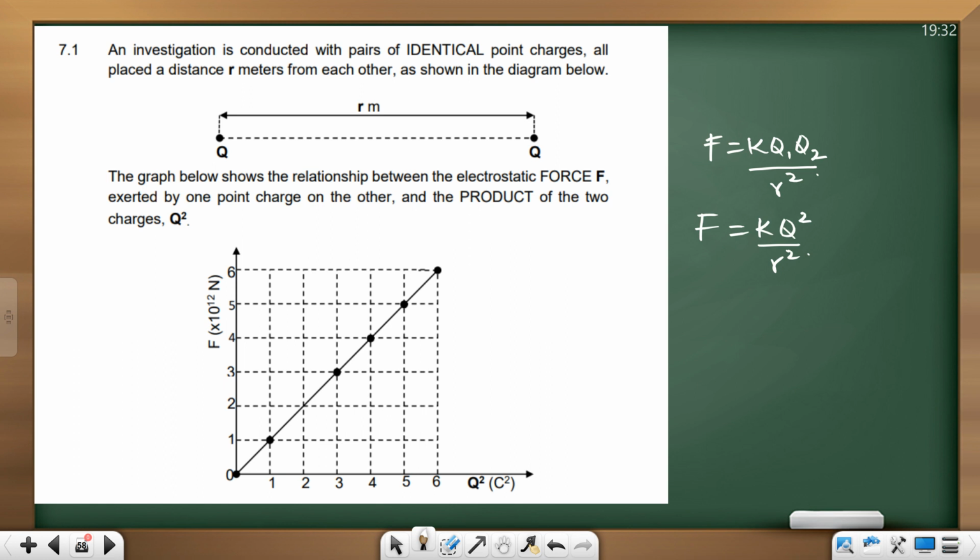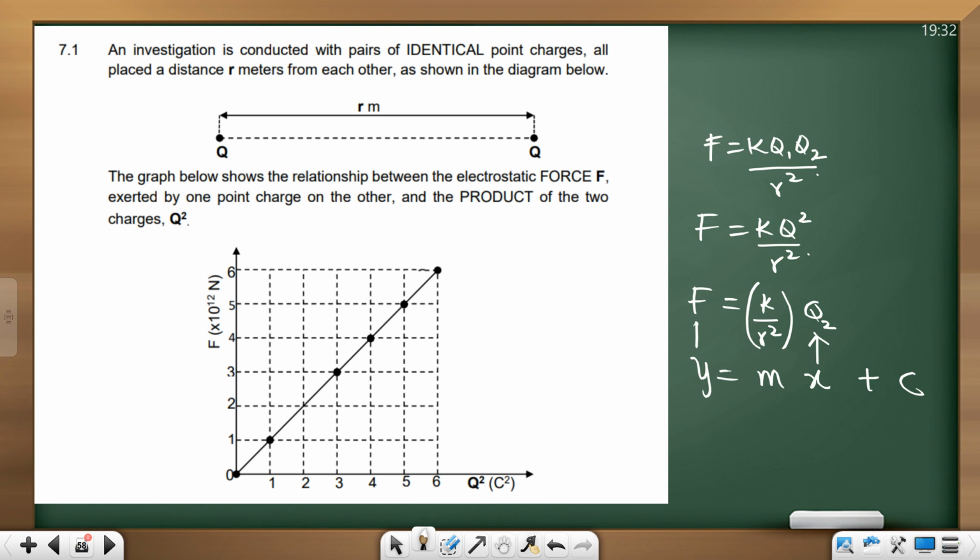Let's extract our X. What's our X? Q squared. So this can be written as F equals, bringing Q squared out, what do we have left? k over r squared. We are done already. mx plus c.